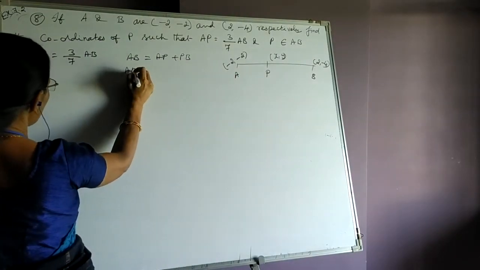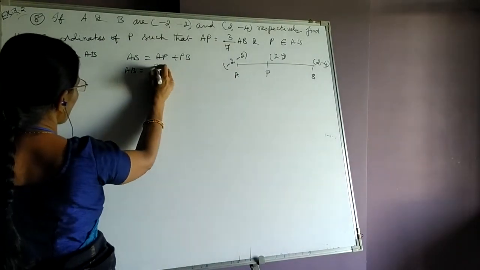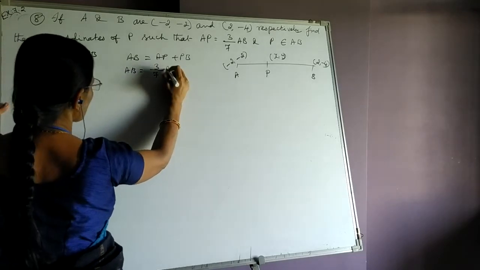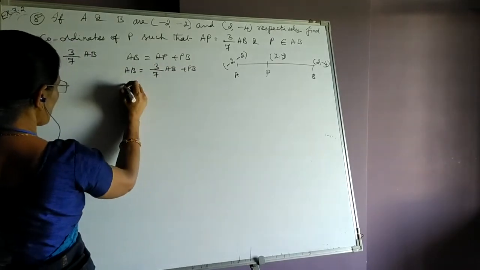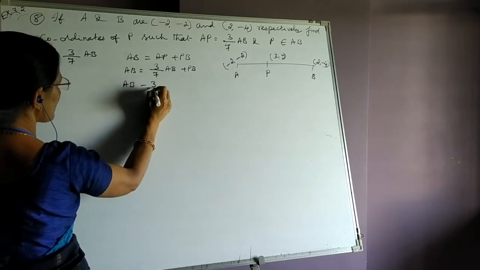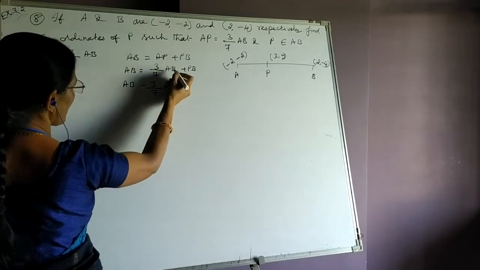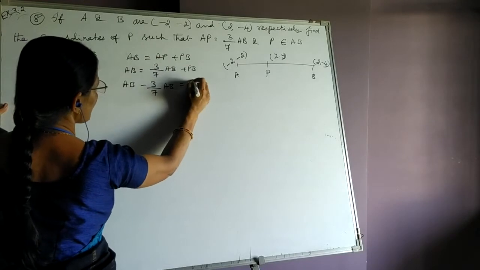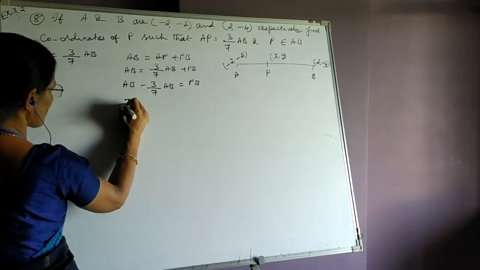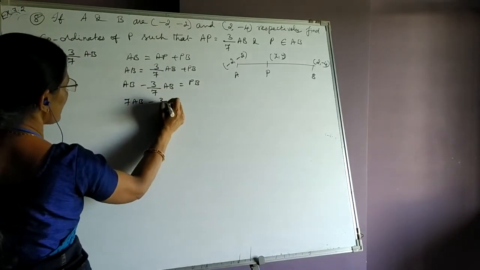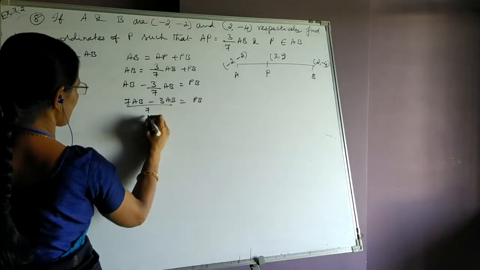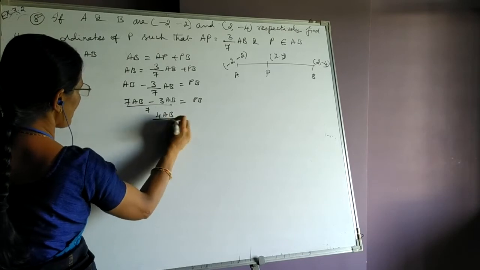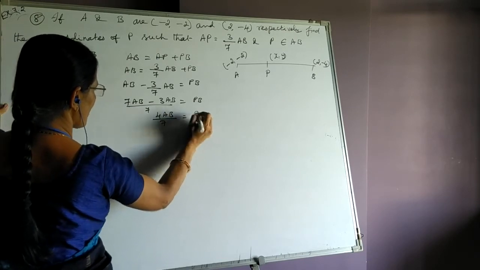So AB is, in place of AP, 3 upon 7 AB plus PB. So AB minus 3 upon 7 AB, I bring this term to the other side, is equal to PB. So 7 AB minus 3 AB upon 7 is equal to PB. So 4 AB upon 7 is equal to PB.